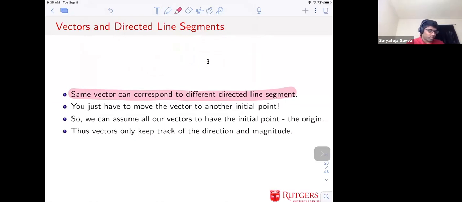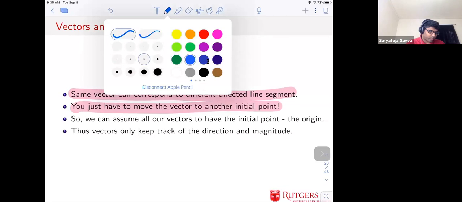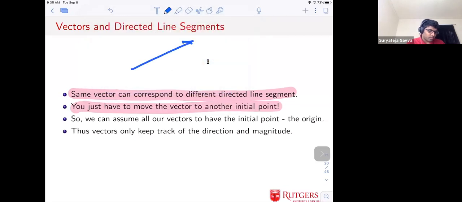Because this vector is the same, you can move all the vectors to the same point, and you can then measure if they're equal or not. If you want to see if these two things are the same, move this vector till here and see if they are matching or not.